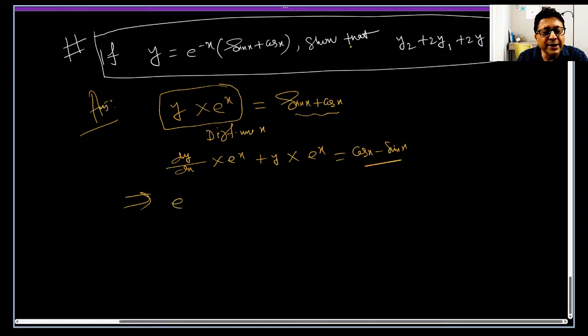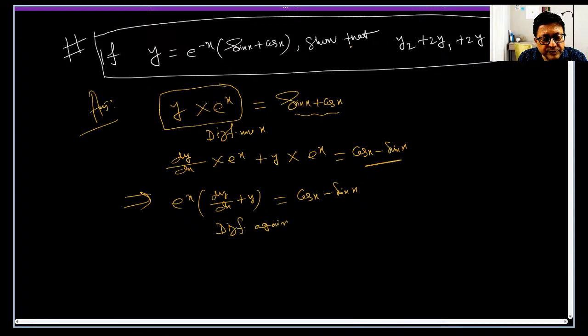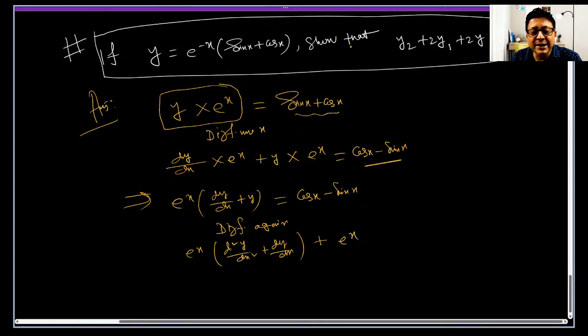So this implies e to the power x dy by dx plus y equal to cos x minus sin x, and now differentiating again, e to the power x into derivative of this plus dy by dx, plus e to the power x, derivative is e to the power x only, dy by dx plus y equal to minus sin x minus cos x.